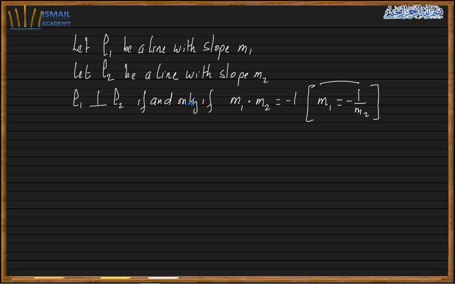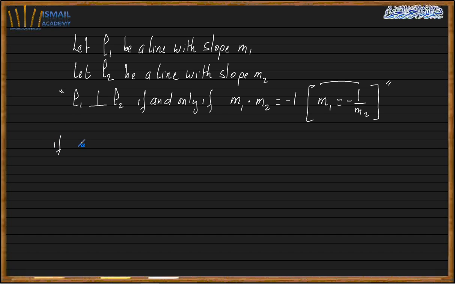Like I say, this has two direction implications. If the lines are perpendicular, then I can conclude the product is -1. If the product is -1, I can conclude that the lines are perpendicular. So this is a two-way implication.